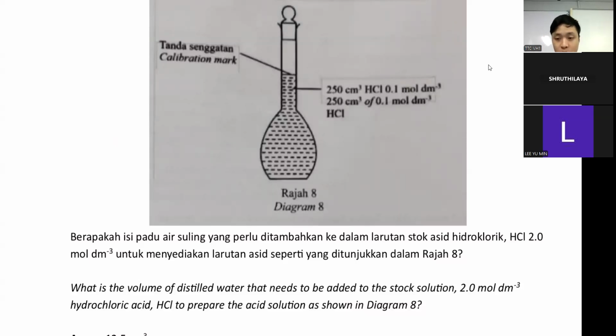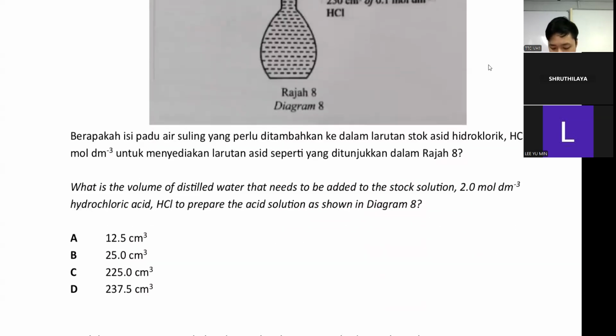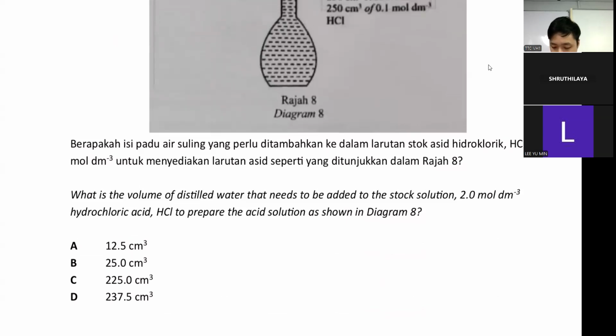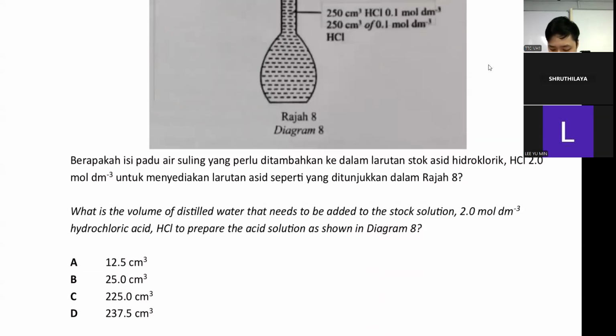Okay, so in this case, let's look at this. Volume of distilled water added to the stock solution. Maybe it's a bit too far, right? So I link it to a normal situation. This is your Milo.